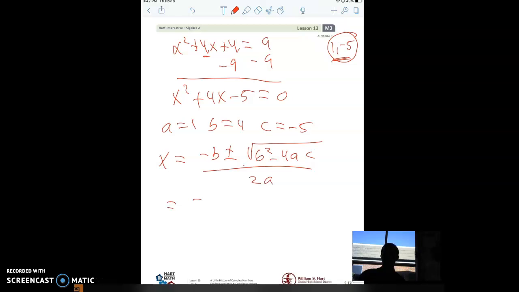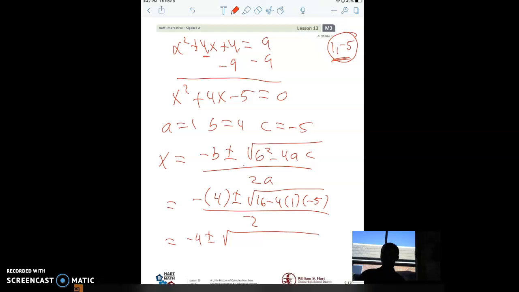Then I'm going to get the negative of 4, plus or minus the square root of b squared, that's going to be 16, minus 4 times a times c, all divided by 2. So -4 plus or minus the square root of 16 plus 20. 16 plus 20 is 36, divided by 2. That's -4 ± 6, divided by 2, or I get (-4 + 6)/2 and (-4 - 6)/2.